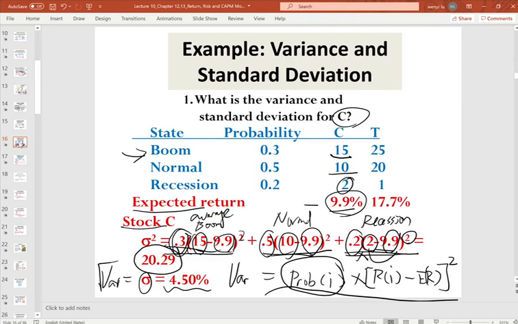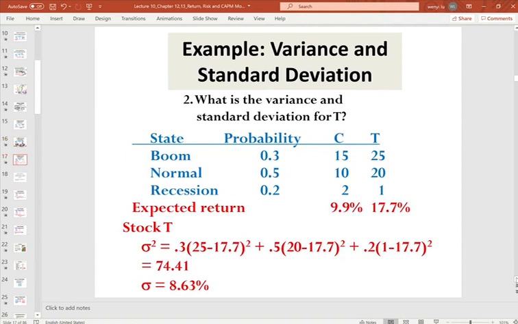Be careful, this is only for one state. If we have multiple states, we add them up, like we did for these three states. We use the summation from i to N, supposing we have N states. We add all these N state products up, and that will be the variance. After you solve the variance, take a square root and that will be the standard deviation.